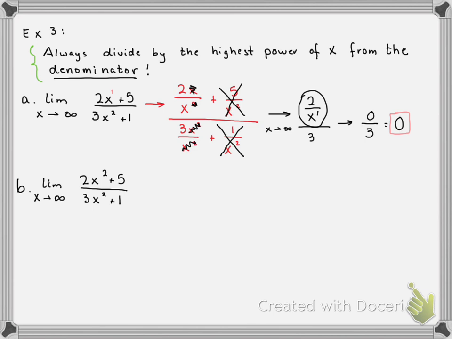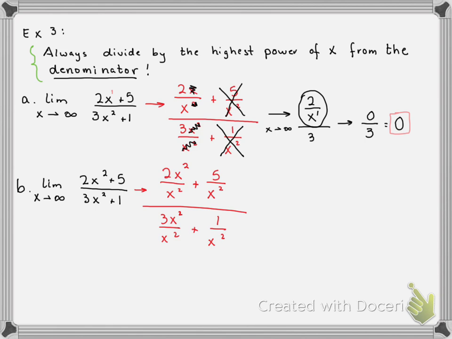Now we're going to do the math on example 3b. Notice the powers are the same. So we are going to divide by the highest power of x from the denominator, which is x squared. So 2x squared over x squared plus 5 over x squared, all over 3x squared over x squared plus 1 over x squared.